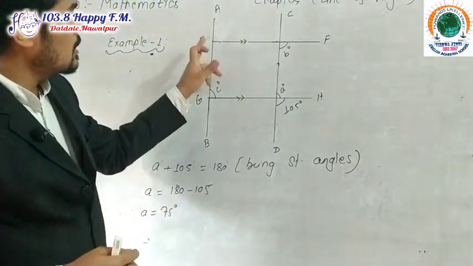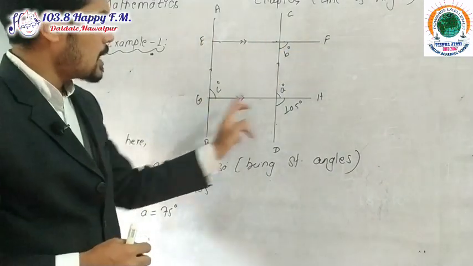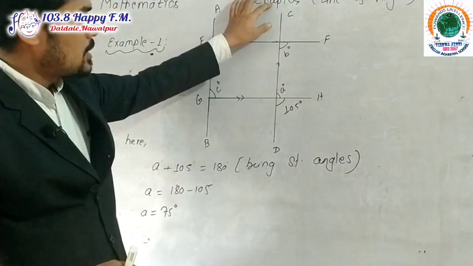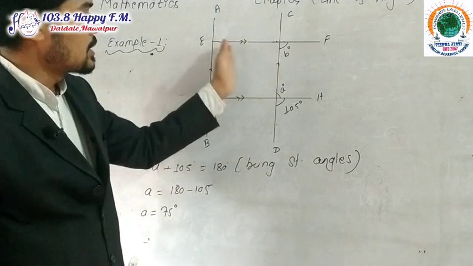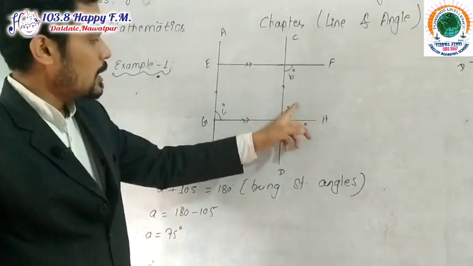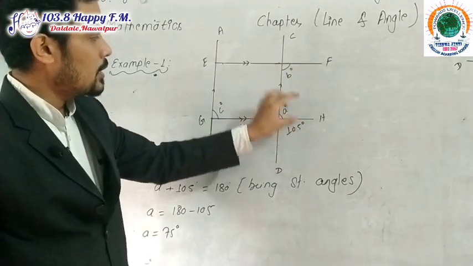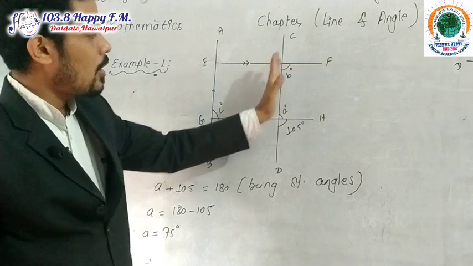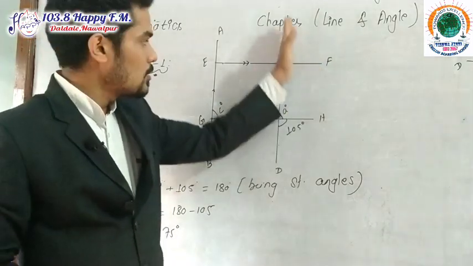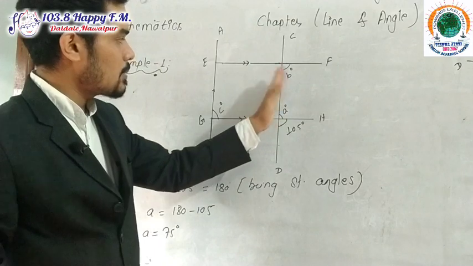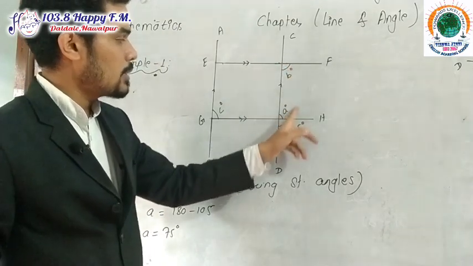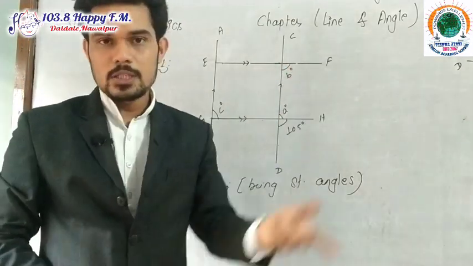For that you can see EF and GH are parallel lines and CD is a transversal. So A degree and B degree are both interior angles formed on the same side of the transversal. Transversal को same side में बनेको दुईटा interior angles हरुलाई हामीले के कस्तो angle भन्छौं? Co-interior angles.